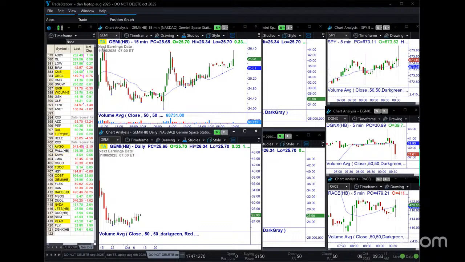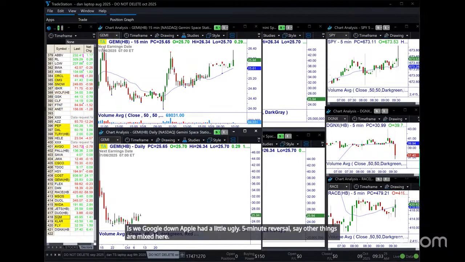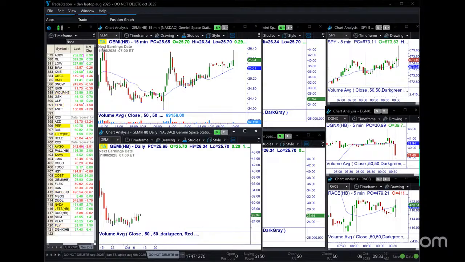Hughes weak, Google down, Apple had a little ugly 5 minute reversal. So yeah, things are mixed here. Nvidia was on fire pre-market, gapping up.